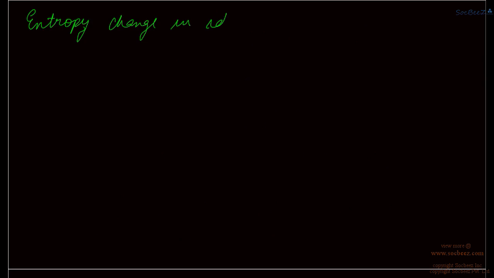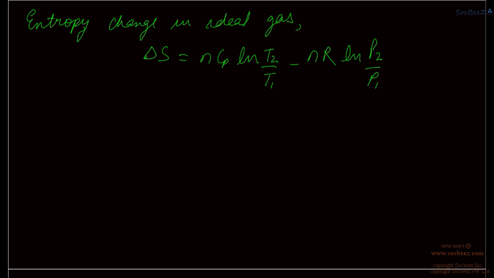Delta S equals nCp ln T2 upon T1 minus nR ln P2 upon P1. So this is the change in entropy whenever an ideal gas undergoes a change in state from state 1 to state 2, that is, from state P1 V1 T1 to state 2 P2 V2 T2.